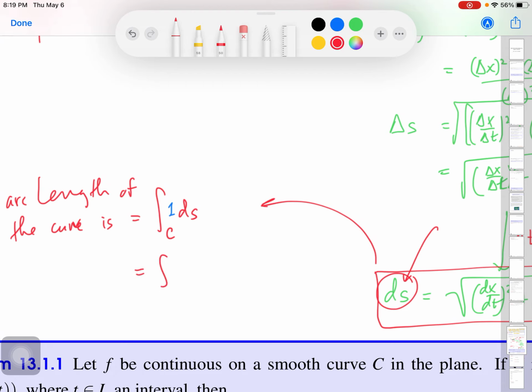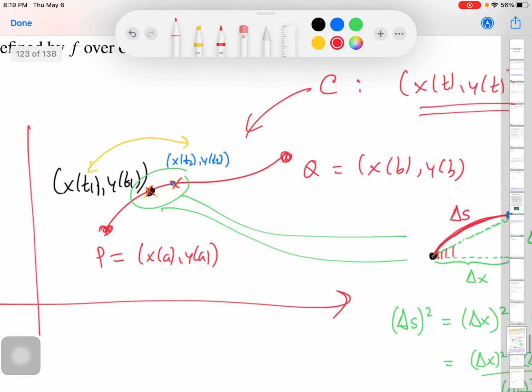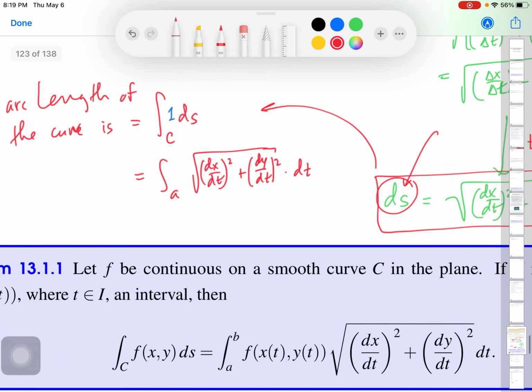And we can write this now with our handy-dandy ds that we just derived, in terms of the parameter t, as follows. So we put a dt there. Remember, we said t equals a is where we start the curve, and t equals b is where we end the curve. So we're integrating from a to b.